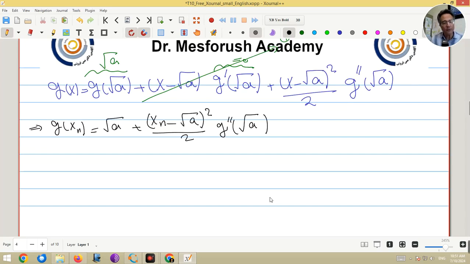Now I have to compute one thing, g double prime at the square root of a.